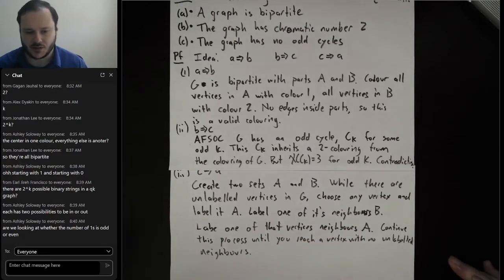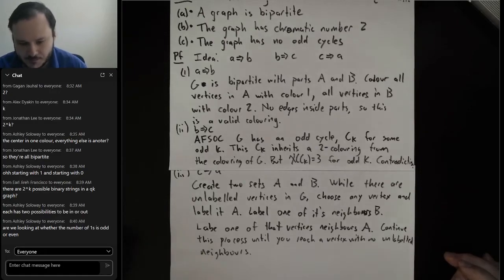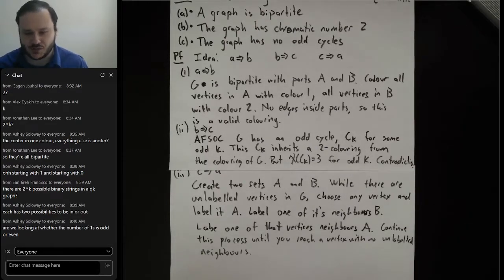Okay, so what am I doing? I'm picking out a cycle. I'm going A, B, A, B, A, B, A, B. Maybe I just get a path.